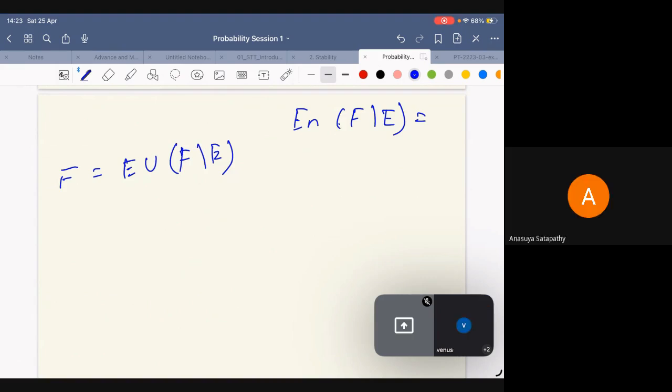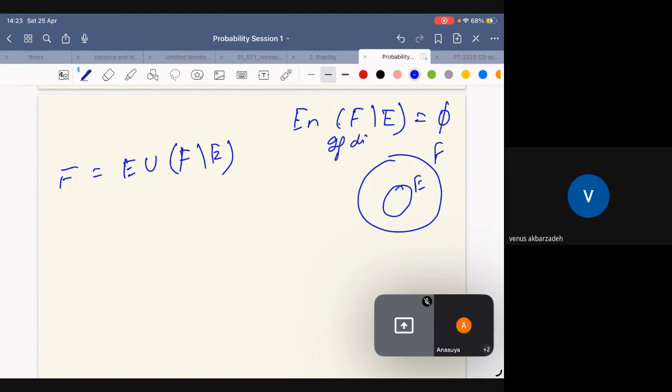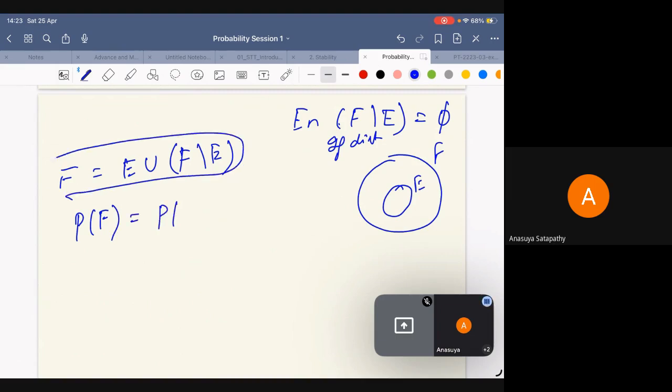If it is disjoint, for example, this is F, this is E, it is 0, if it is disjoint. So what can you write for the probability of F? Look at this formula: the probability of F will be the probability of E plus the probability of F given E.